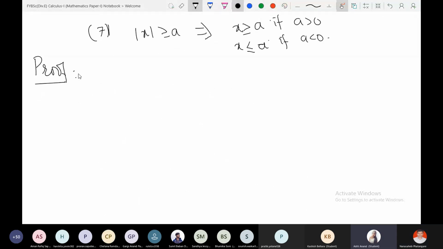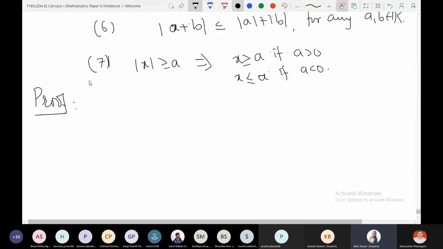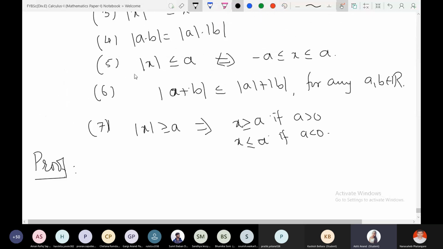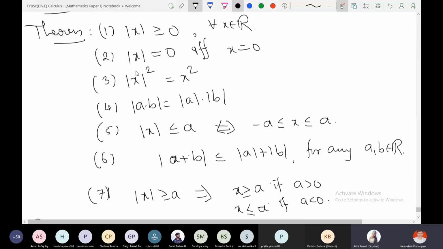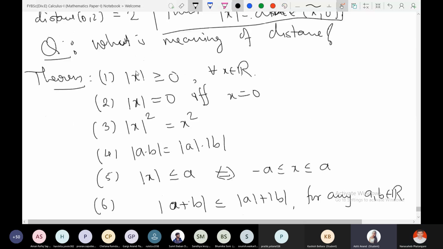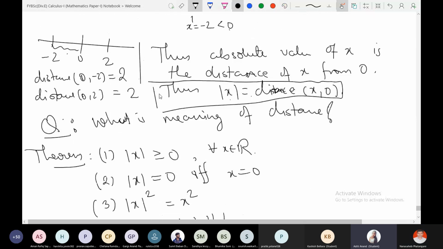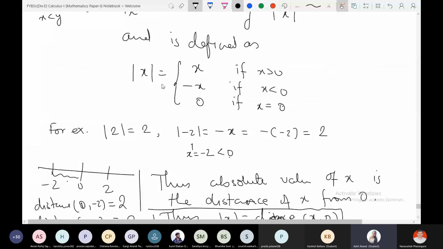Sir, is this absolute value the same as the mod function we use? What do you think? Sir, the definitions are the same for both. I think the same, but we haven't learned the distance part in the mod function.